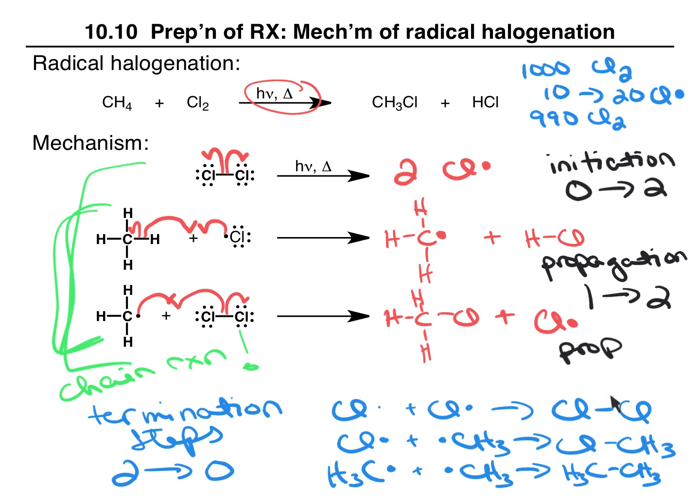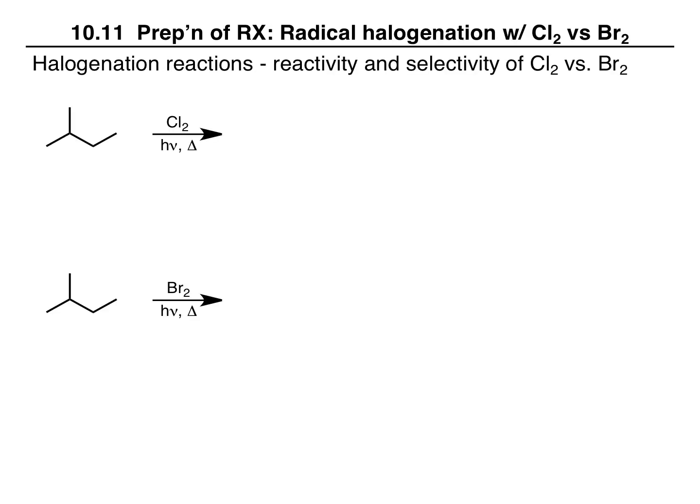Next, let's consider both the reactivity and selectivity of chlorine versus bromine. If we have 2-methylbutane and we carry out a radical halogenation with chlorine or with bromine, let's think about the possibilities. We can generate a radical here or here.